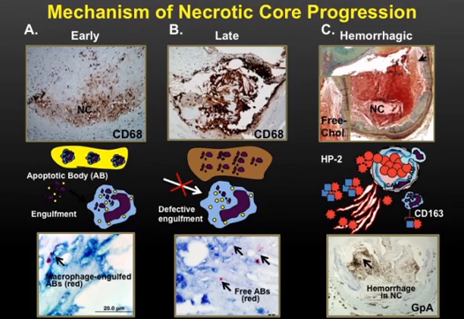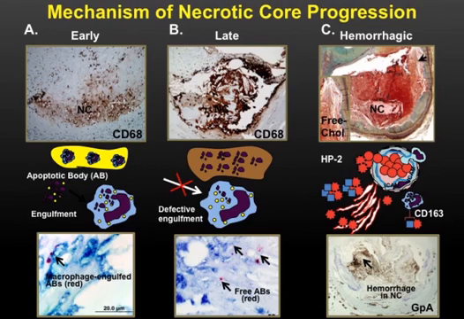Now, we think there is a mechanism by which necrotic core progression occurs from early to late. And how does it occur from early to late? Pathologic intimal thickening areas, that is lipid pool areas, get infiltrated by macrophages. These macrophages undergo cell death, apoptosis occurs.